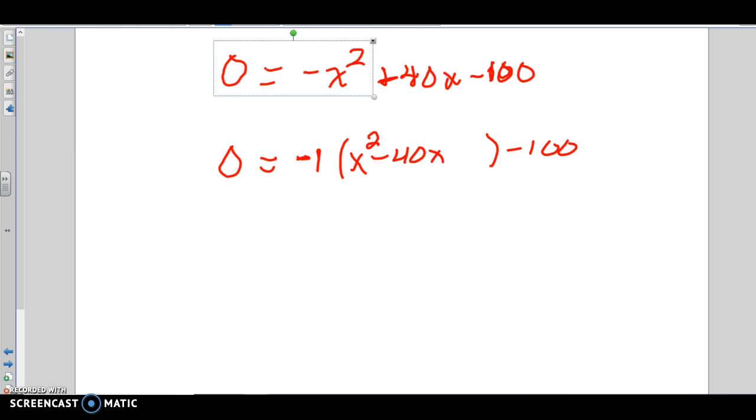Half that middle term squared. Making sure I balance the equation over here. And I'm right back to my vertex form, but instead of p of x, I have 0.